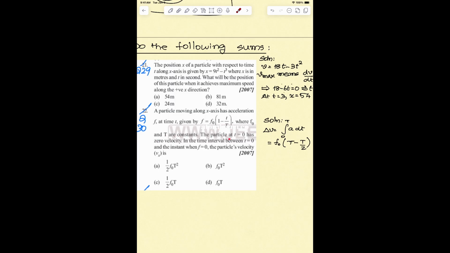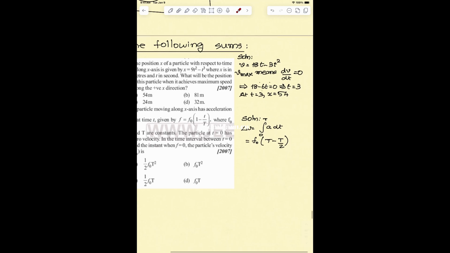The particle at t equal to 0 has 0 velocity. That's an initial condition to help you with the integration limits. Then in the time interval between 0 and the instant when f equal to 0, the particle velocity is.